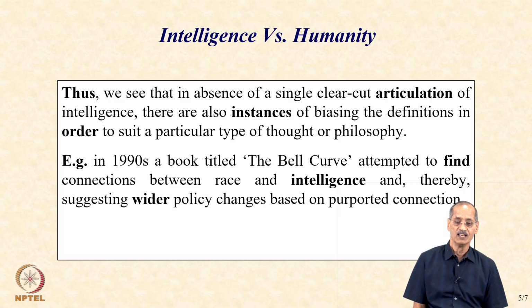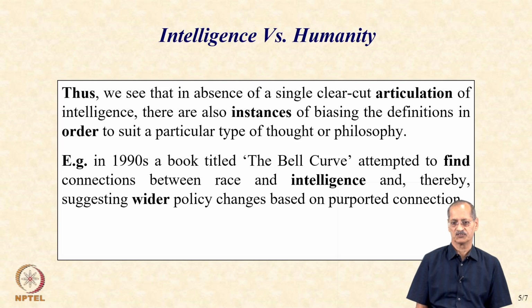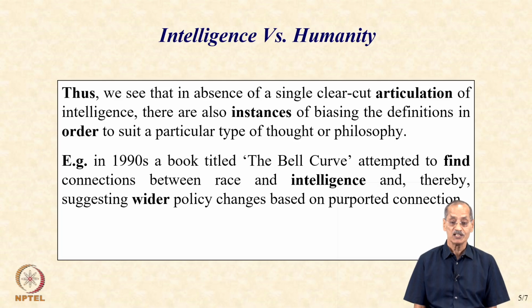So, that was the subject matter of the book, that is, is there a connection between race and intelligence, and it suggested that you could make policy changes based on this connection, policies that recognized the connection between race and intelligence.